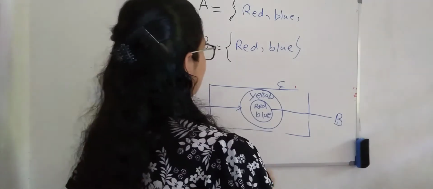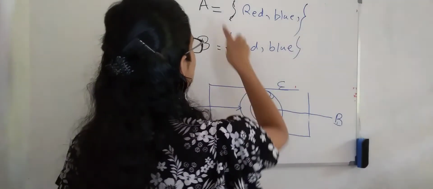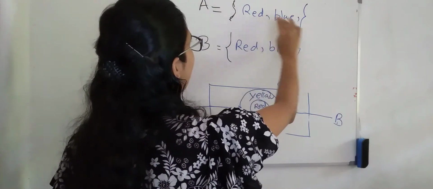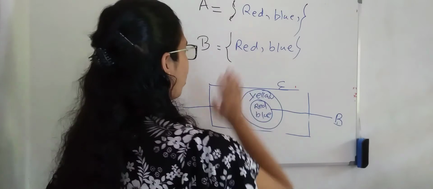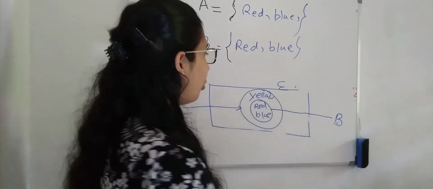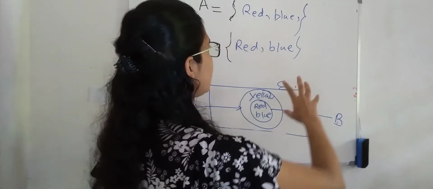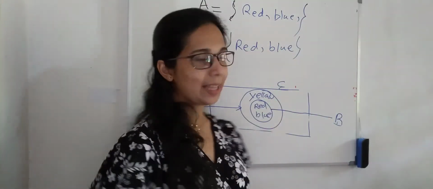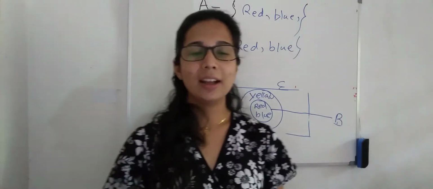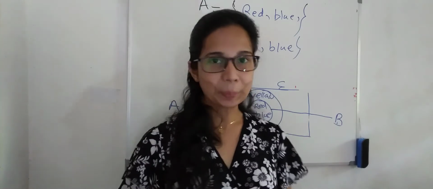Let's take this. So what are the elements in the set A? Red and blue. So what are the elements in the set B? Also red and blue. Now how to represent both of these sets within the universal set? Now we can draw only one Venn diagram, right?